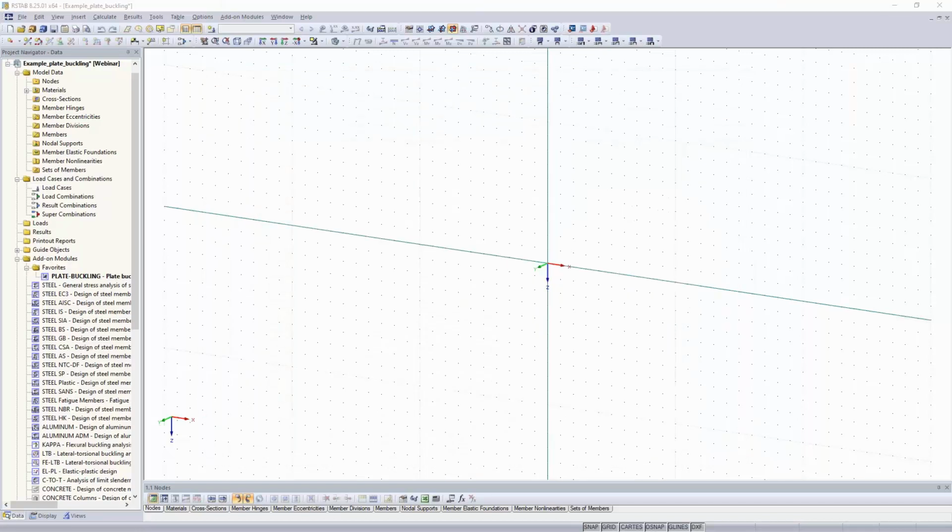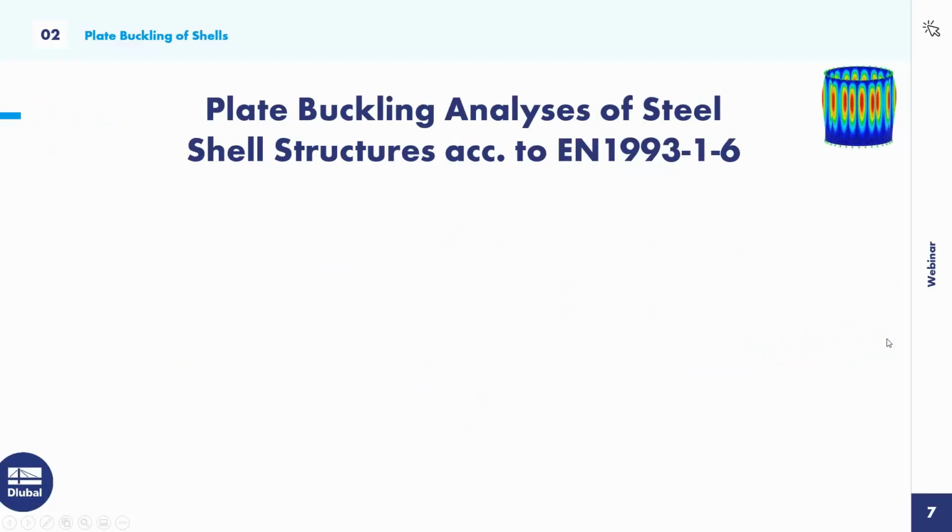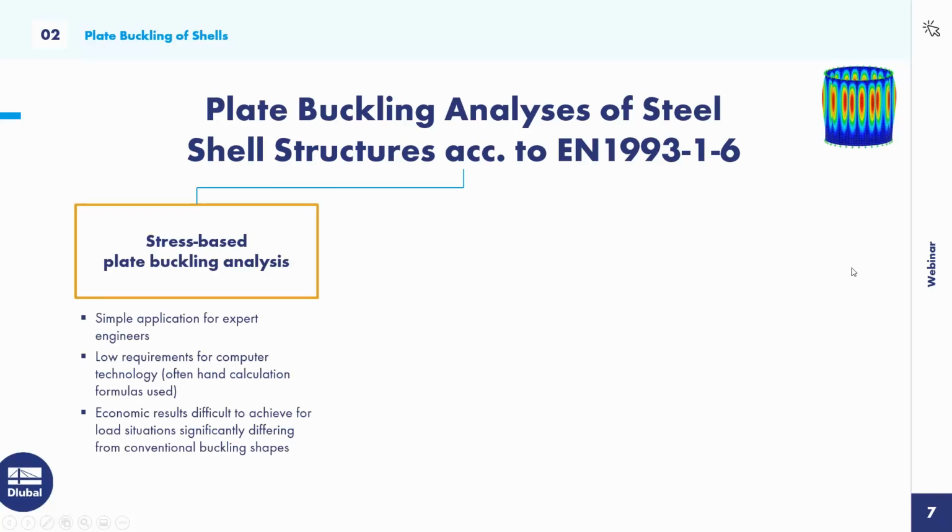I turn back to the PowerPoint and we come to the second part of today's webinar, the plate buckling analysis of steel shell structures according to Eurocode 3, part 6, where 3 methods are also integrated. First, the stress-based plate buckling analysis.